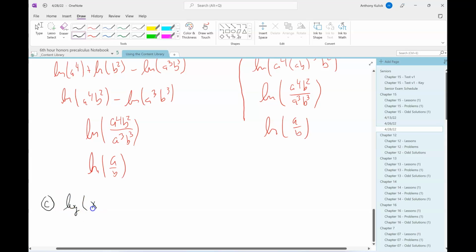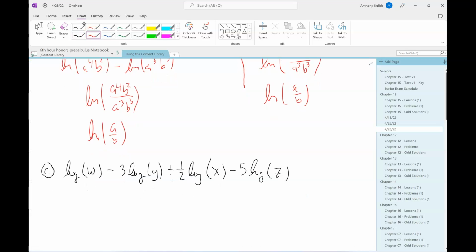Right. Another example. Let's make that. I'm going to use 4 of these, I think. Okay. First thing I look for. Power properties, okay?